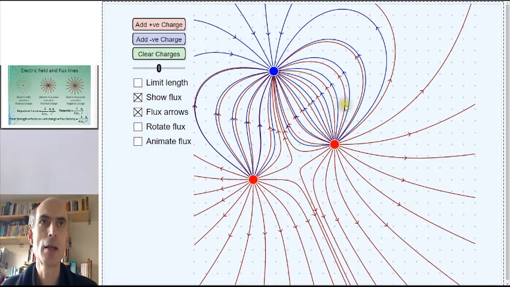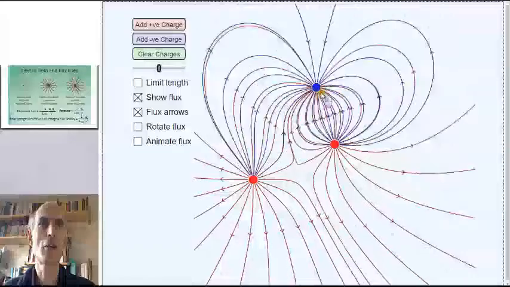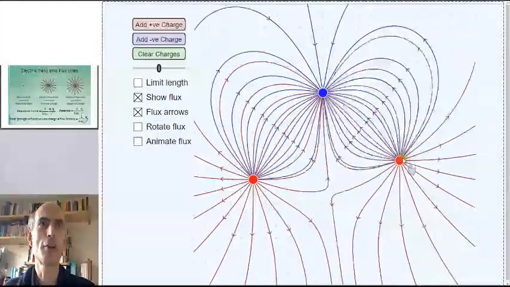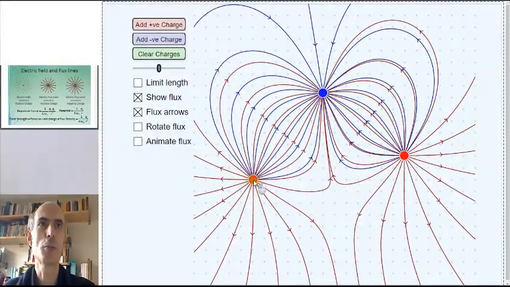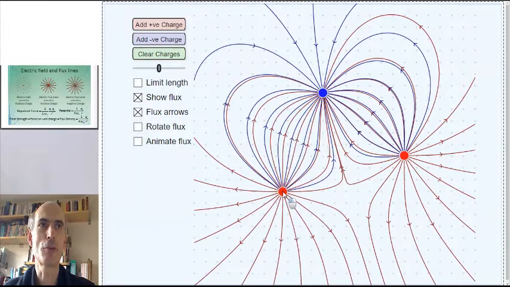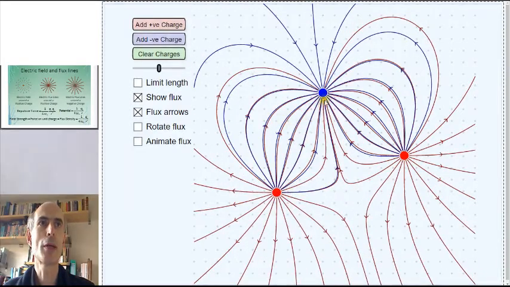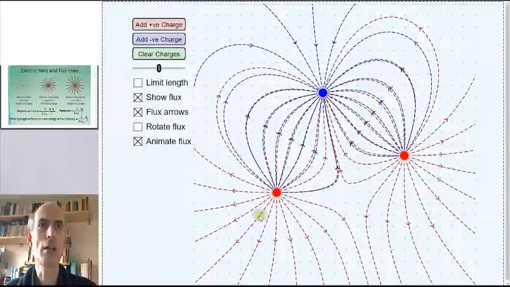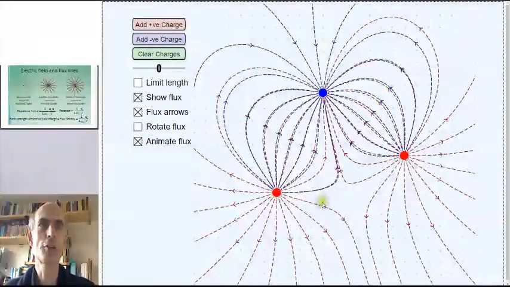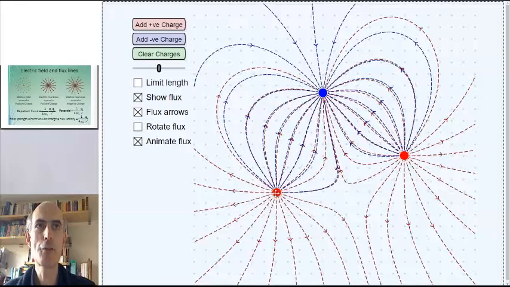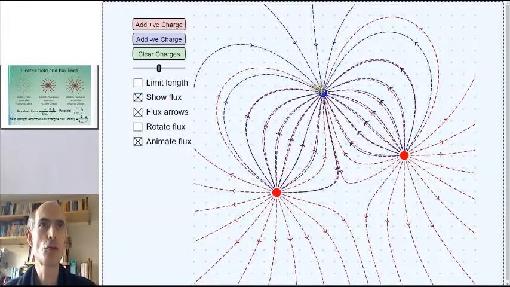They do this, and you get these rather strange patterns of flux lines when you have multiple positive and negative charges around. I've also added this feature that you can animate the flux, so you can sort of see the direction in which the flux is moving. It leaves positive charges and heads out, and it goes to negative charges.